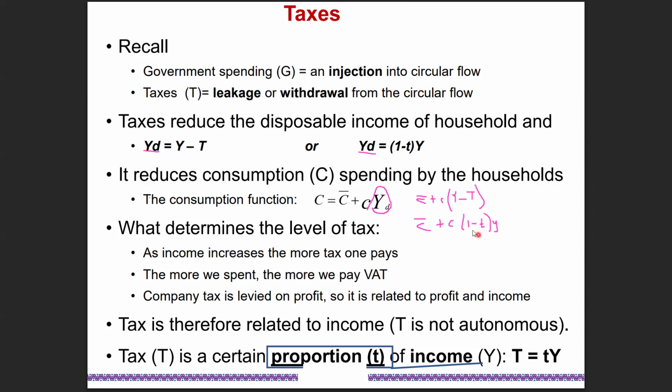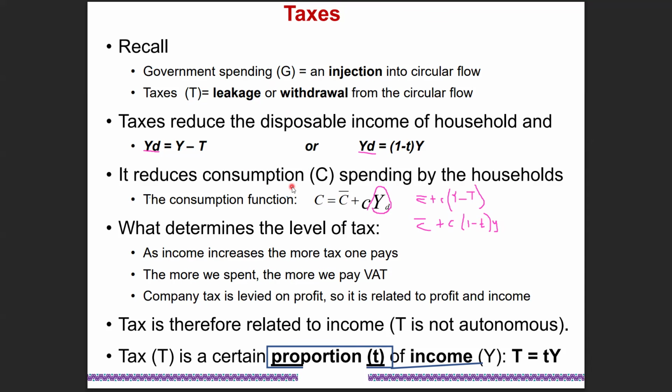And we also said that taxes reduce disposable income, which then also reduces consumption spending by households, because taxes reduce the money that is now available to a household.